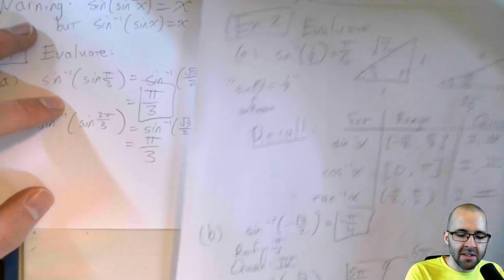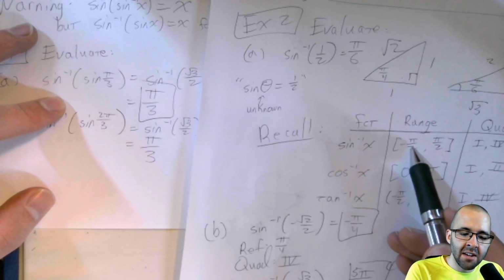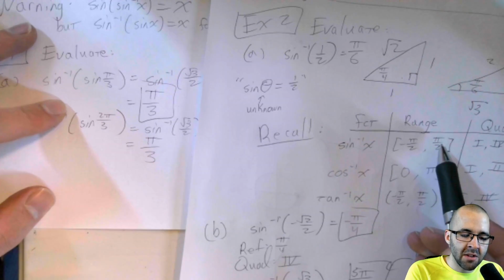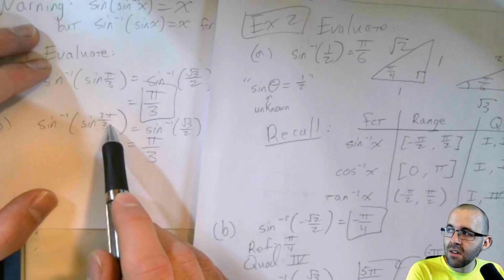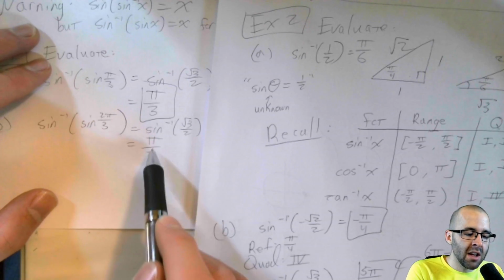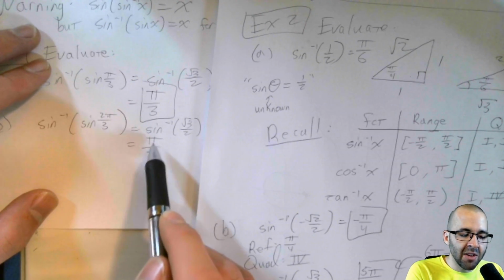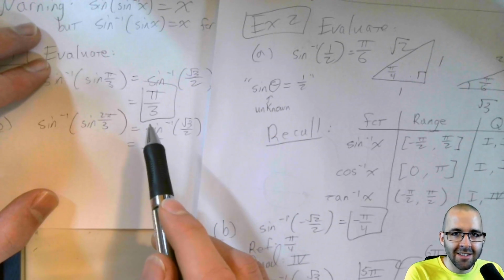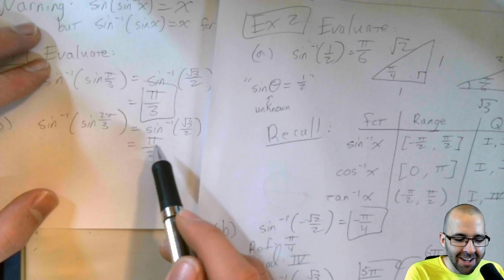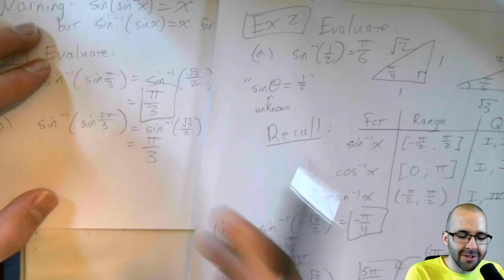And the reason why is, again, go over to this table. What is the range of sine inverse? It's negative pi over 2 to pi over 2. So because this was not in our range, they didn't just undo each other. We need to get a similar angle with the same reference angle and the same sign, S-I-G-N, positive or negative, which will be in the first quadrant.